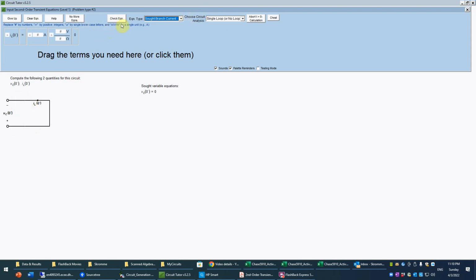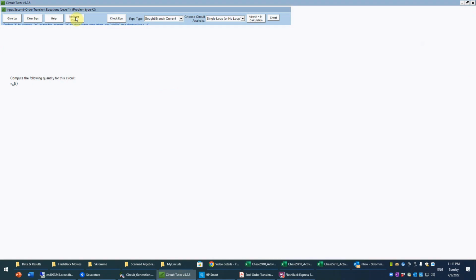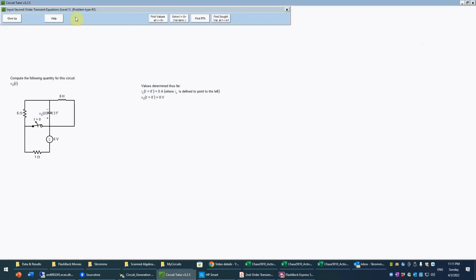So once again, we just say that this is equal to 0. You cannot put a 0 in this term, so you have to use the 0 term. Okay, so that's all done. And now we can say no more equations there.